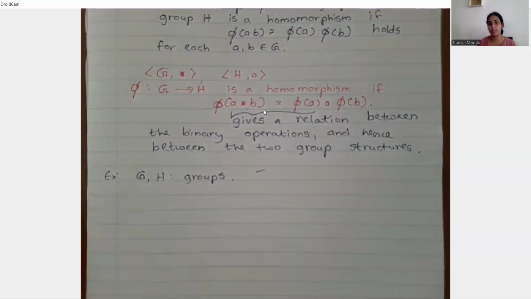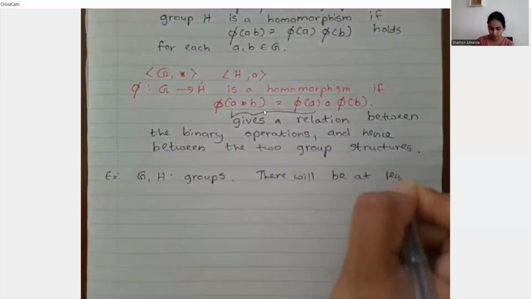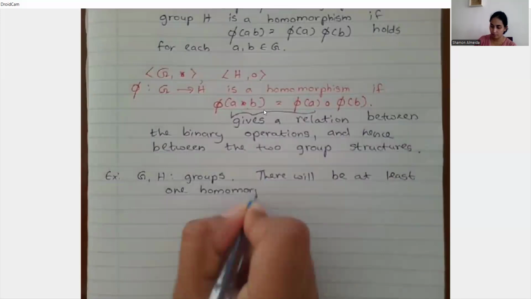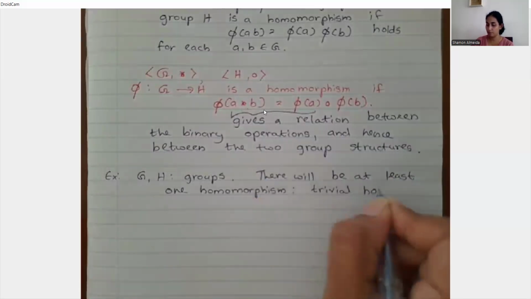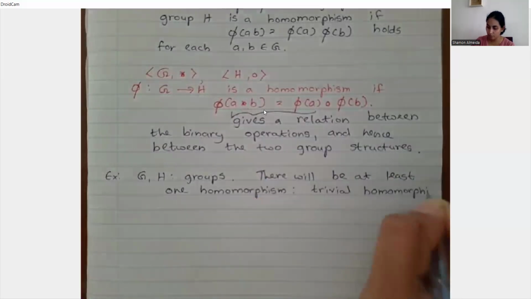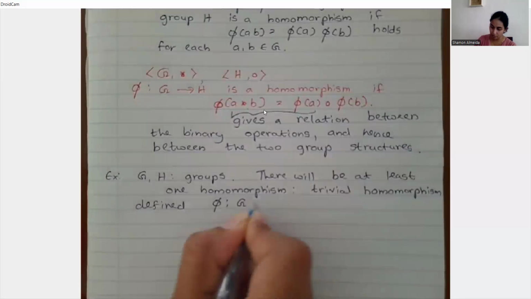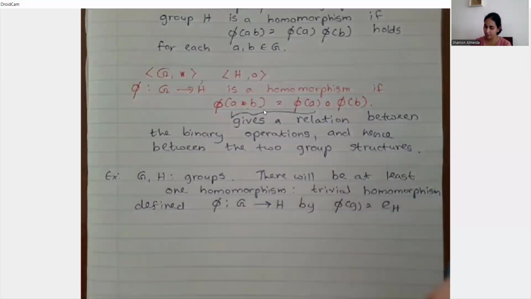By taking all elements in G and mapping them to the identity in H. So there will be at least one homomorphism, the trivial homomorphism, defined from G to H by sending every element in G to the identity in H.